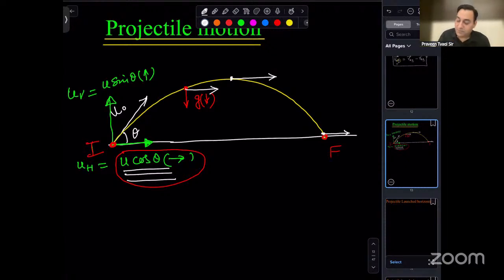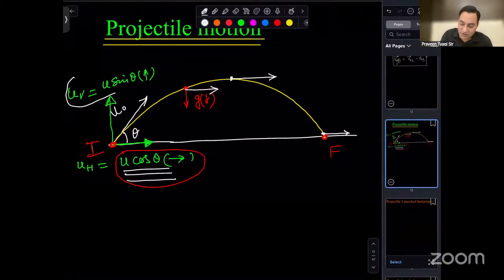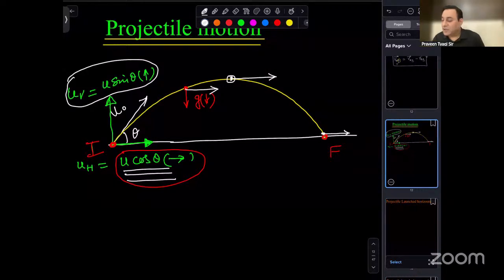Now coming to the vertical velocity. You can see the initial vertical velocity is this. And acceleration is acting downwards. This acceleration will decelerate the body, and the velocity will keep decreasing.